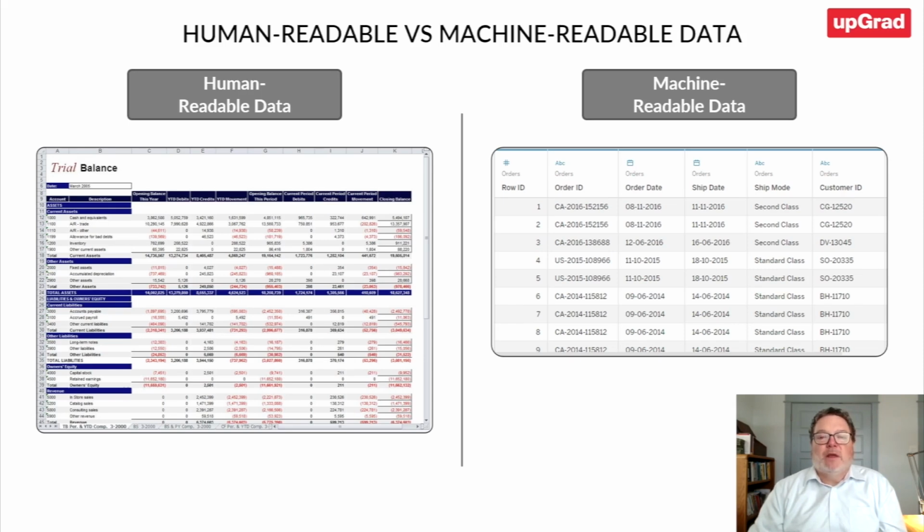Now, I think really the big difference with machine readable data is you only have one data type per column. The column has a name, and everything in that column is related to whatever that column name is. So if it's product name, everything in that column is going to be a product name. If it's going to be sales date, every date is going to have its own line.